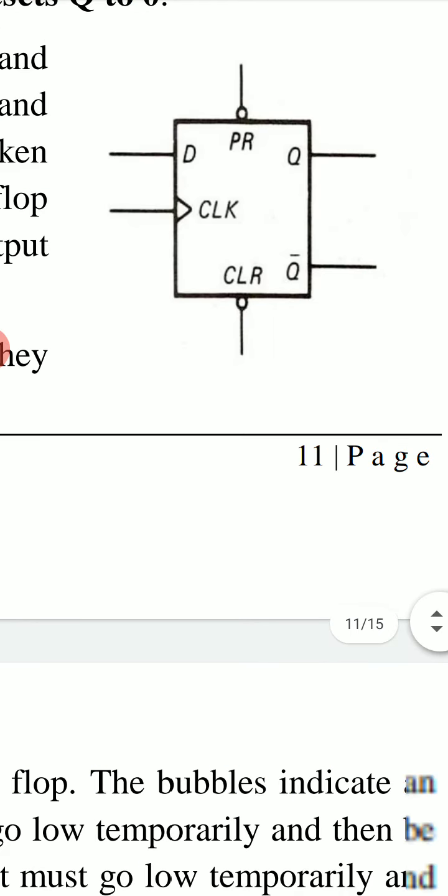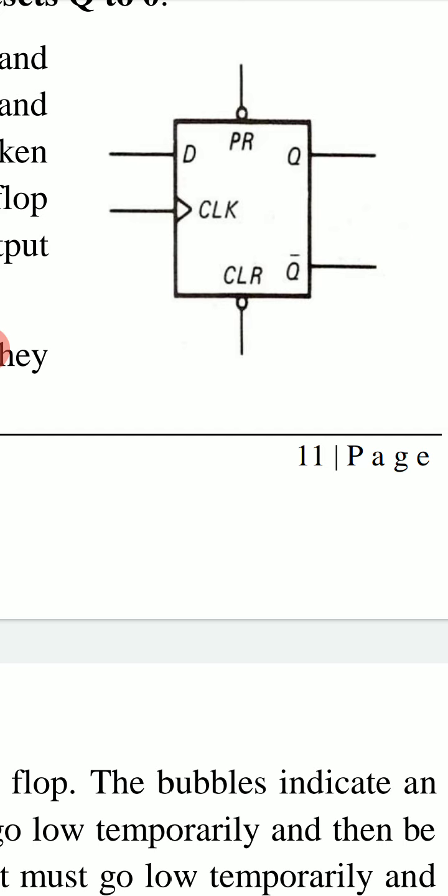This is the symbol for positive edge triggered D flip-flop. We have an input D, a clock signal, outputs Q and Q bar, and two inputs PR and CLR.